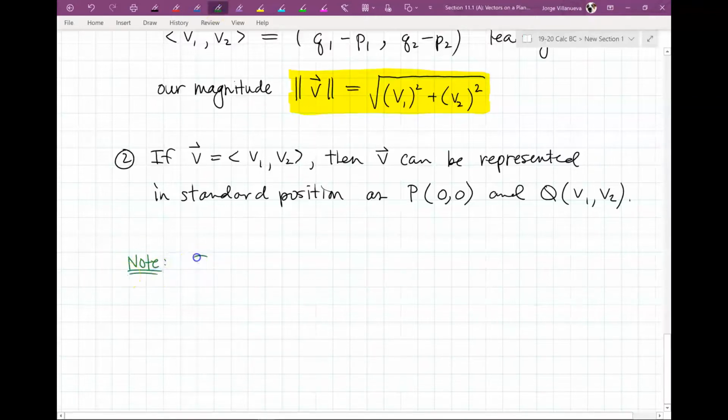So note, if the magnitude of vector v is equal to 1, we call it the unit vector. And we'll see a lot of this later on.